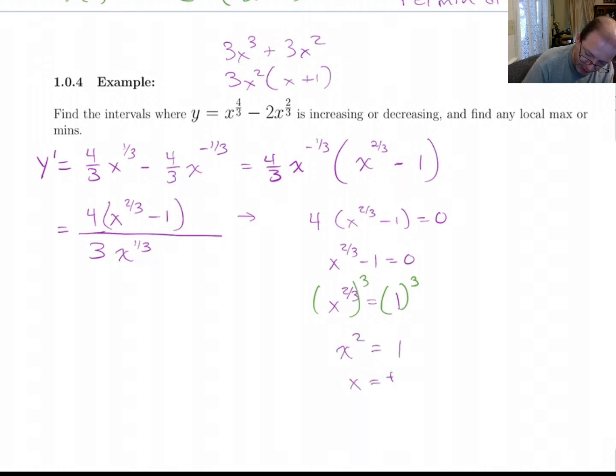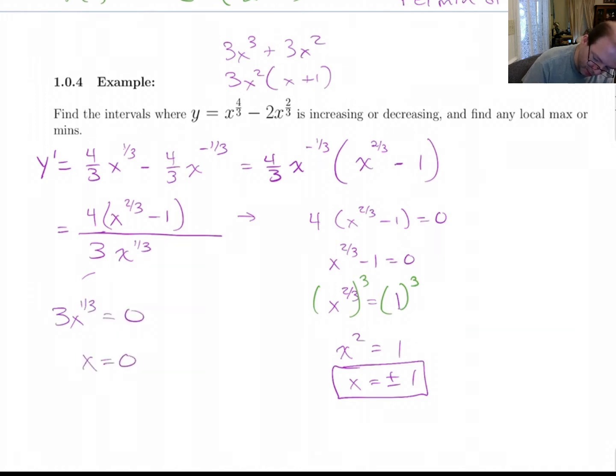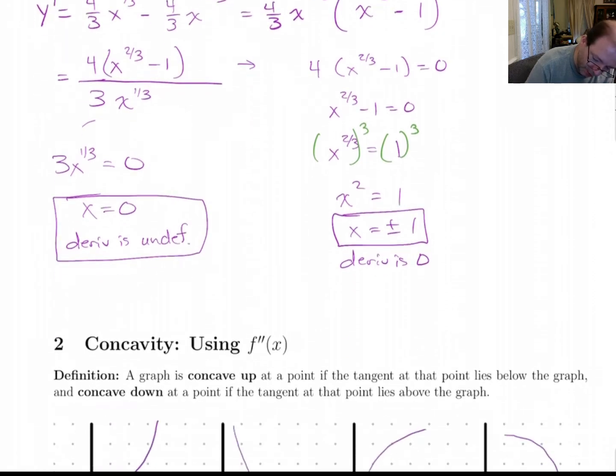So that gives you plus or minus 1. And if you set the denominator equal to 0, you just get x equals 0. Now notice at plus or minus 1, the derivative is 0. At 0, the derivative is undefined. So we've got 3 critical numbers here.